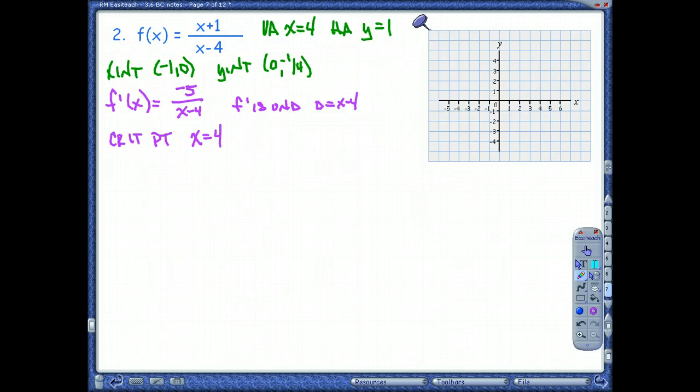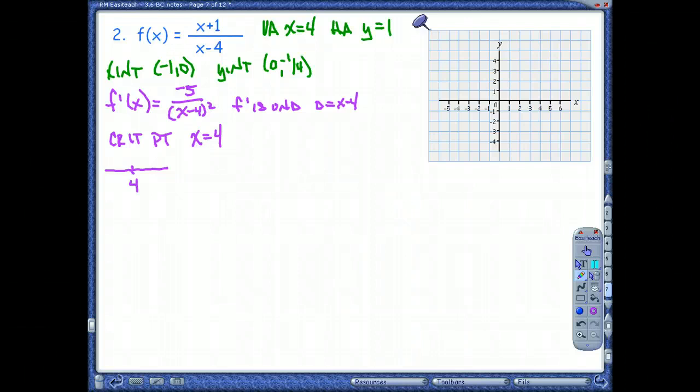There's no place where the derivative equals 0, so this is my only critical point. Now this critical point, because it comes from the denominator, it's not actually in the domain of my function. It's where my vertical asymptote is. So he will never grow up to be a relative extrema, but he will be able to split things into, oopsie, that's a square by the way.